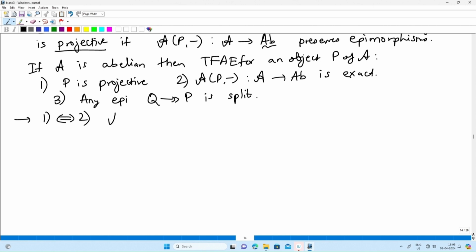So A(P, -) is a lex functor. A Hom functor always preserves limits. So it is exact if and only if it preserves co-kernels.